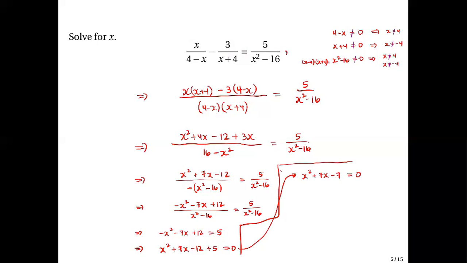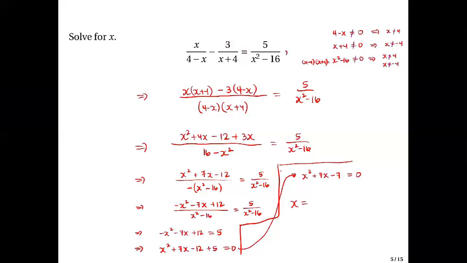And then, lastly, we can find the value of x. Let's use quadratic formula.